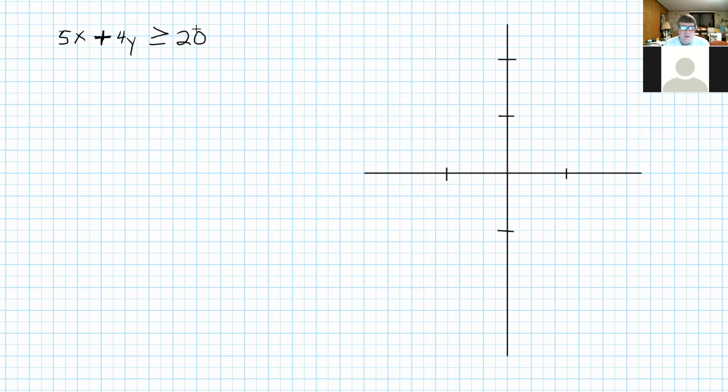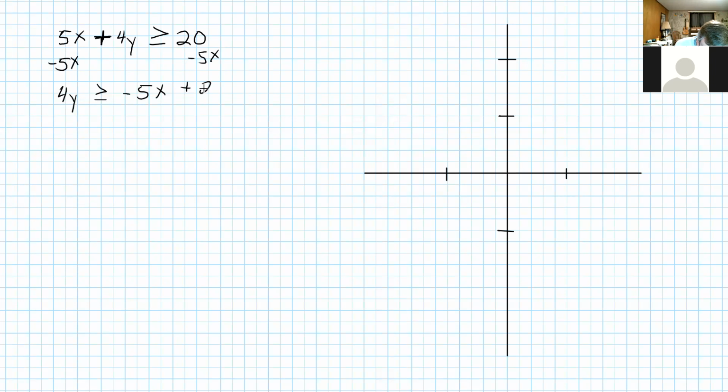The first method is the method that I prefer, just because I think it's easier, but not everybody agrees, and that's just fine. What I'm going to do, I'm going to take this inequality and put it in slope-intercept form. So I'm going to solve it for y. So my first move is going to be to subtract 5x from both sides.